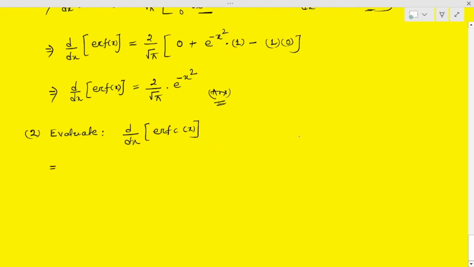So that implies we know d by dx of the complementary error function is equal to, we can write, d by dx of 2 by root pi, the limit will be changed.